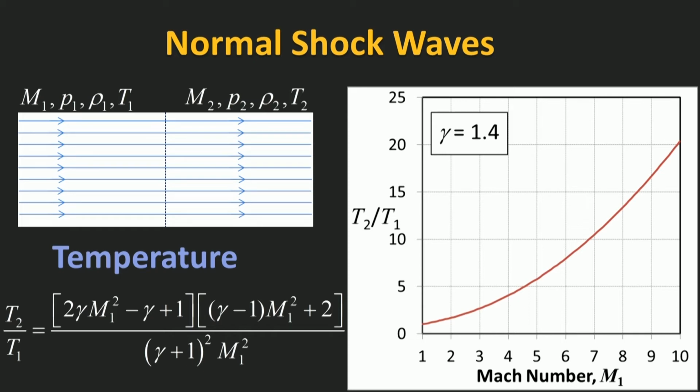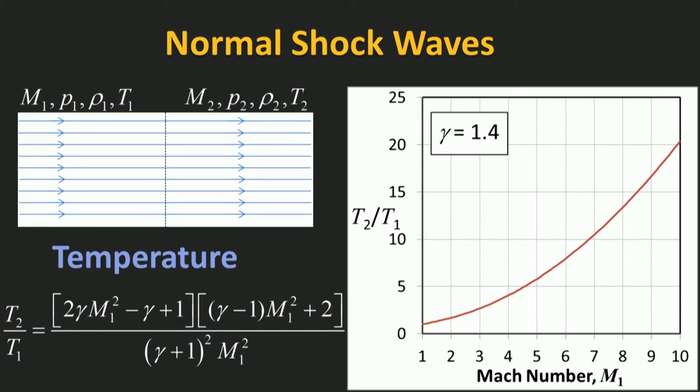And, as we saw for the pressure ratio across a normal shock wave, the temperature just continues to increase with increasing Mach number. And the rate of increase gets larger as the Mach number goes up. So this indicates that temperatures downstream of a normal shock wave can become very large at high Mach numbers.